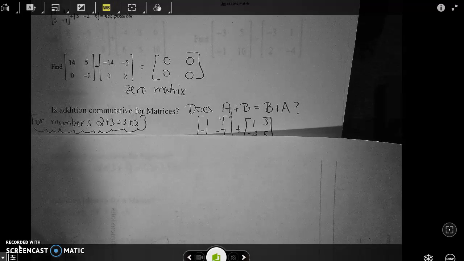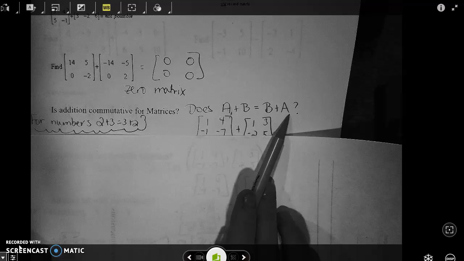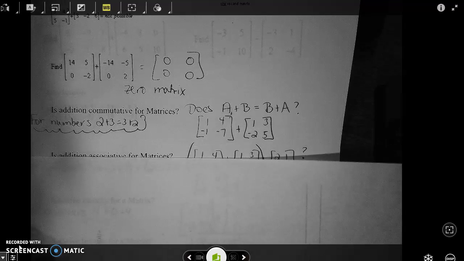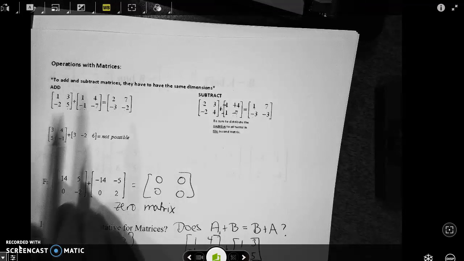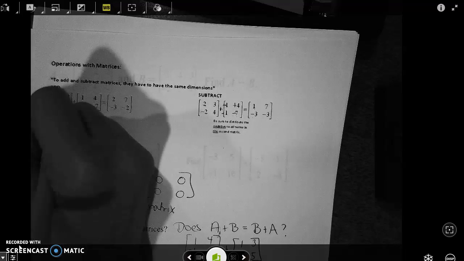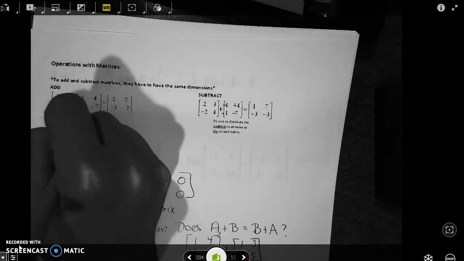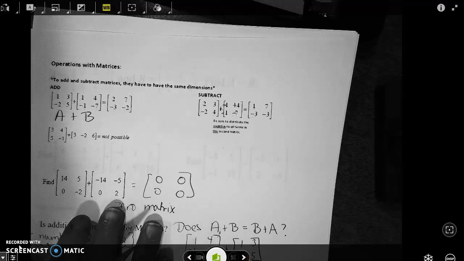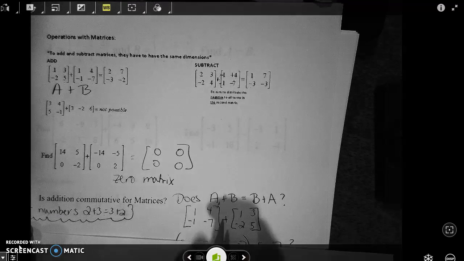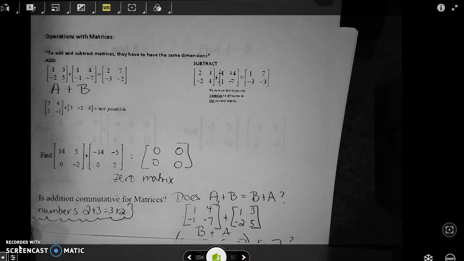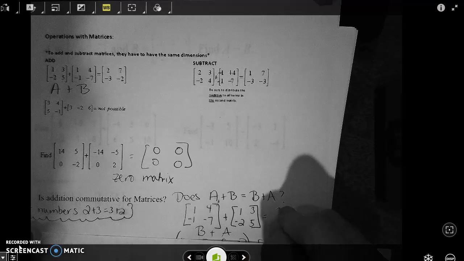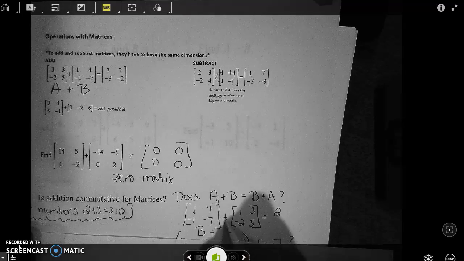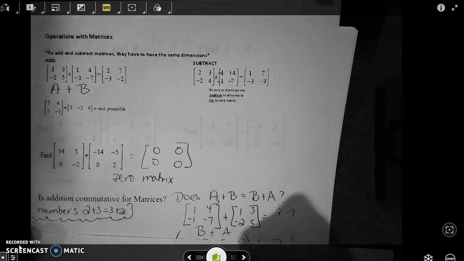Would A plus B, notice I use capitals because I'm talking about a matrix there, would it equal B plus A? Well, one of the things that I've already done on your paper is I used an example from up above. So I took example 1, we'll call this A plus B. And then for this example, I rewrote them, so we're doing B plus A. So let's see if we get the same thing. 1 plus 1 is 2. 4 plus 3 is 7.